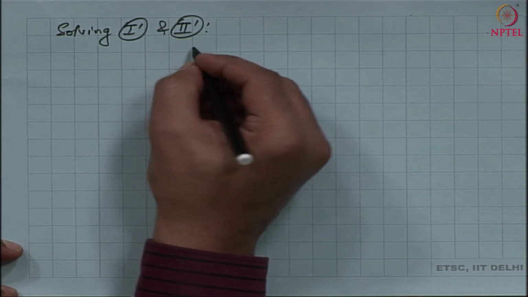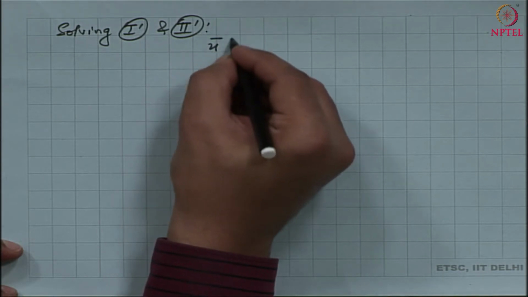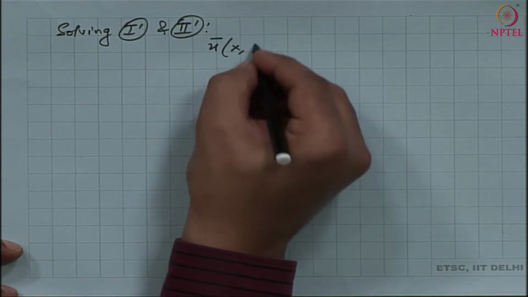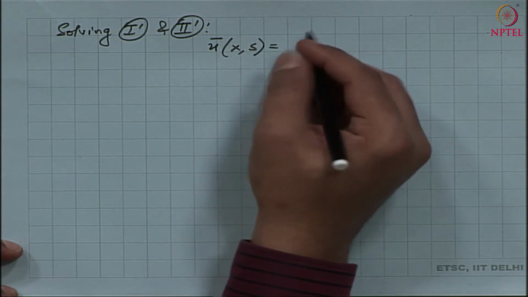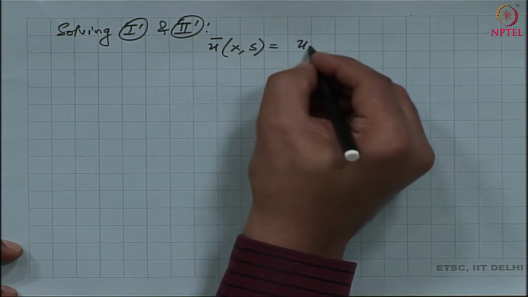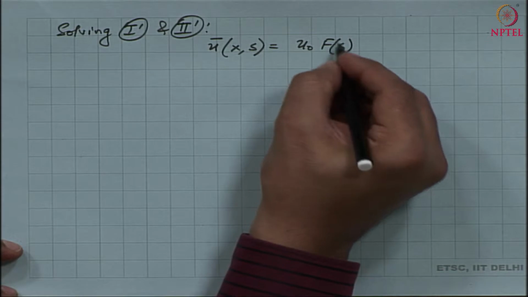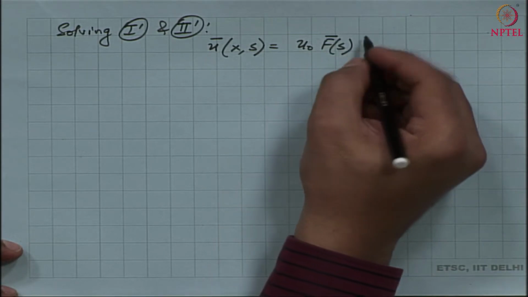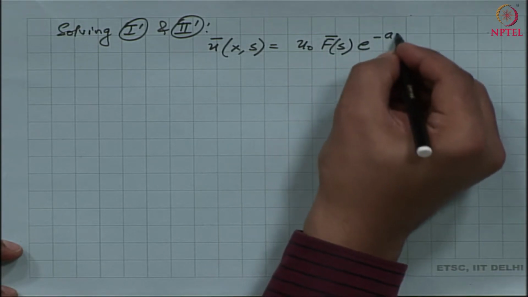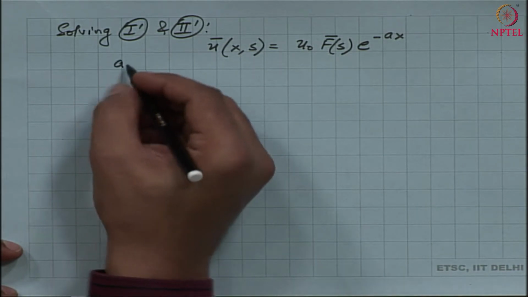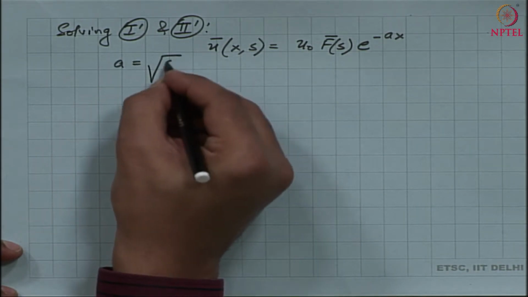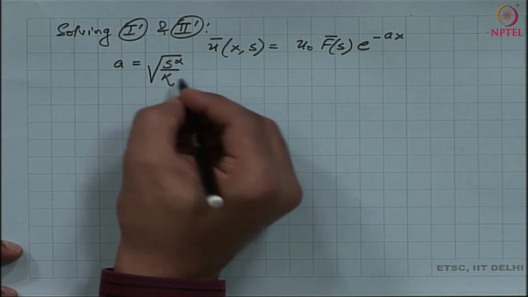I get that u bar of x comma s is u naught F bar of s times e to the power negative a x, where my constant a is the square root of s to the power alpha by kappa.